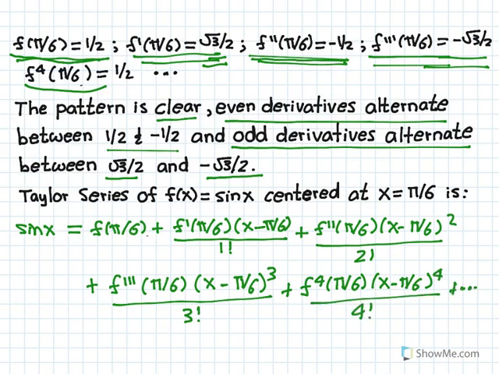Now let's place these derivatives inside and try to find a formula for the Taylor series of sine x at x equals pi over 6. So we have f of pi over 6 is equal to 1/2. Let's rewrite that. F prime of pi over 6 is equal to root 3 divided by 2.